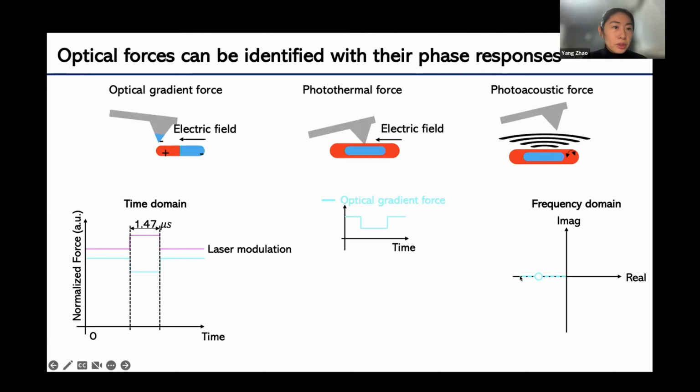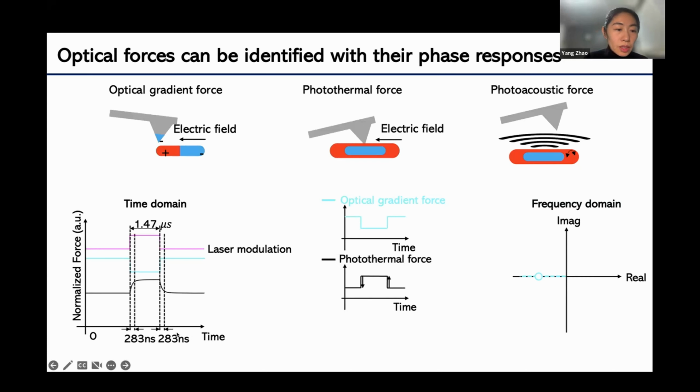So the second force, which is a photothermal force, actually has a slow heating up time. In this case, we analyzed the time to be about 200-ish nanoseconds. And then it will get into equilibrium. And then as the pulse closes, this is within one cycle. Of course, you have many cycles of these laser pulses. And then it will cool down.